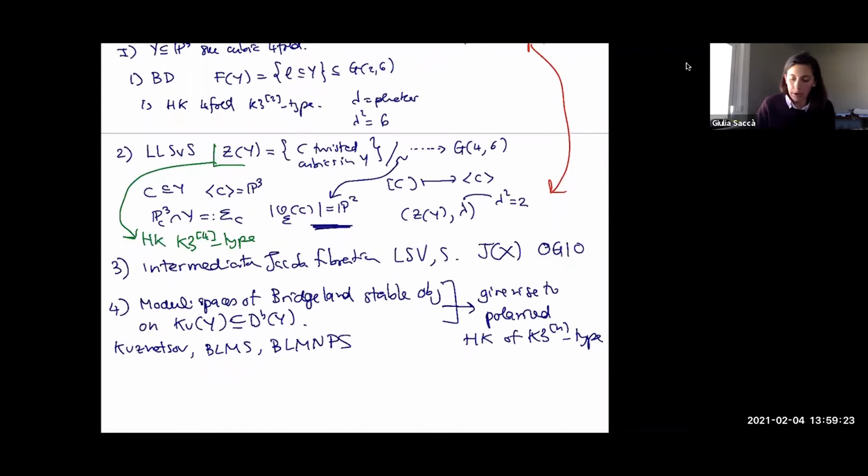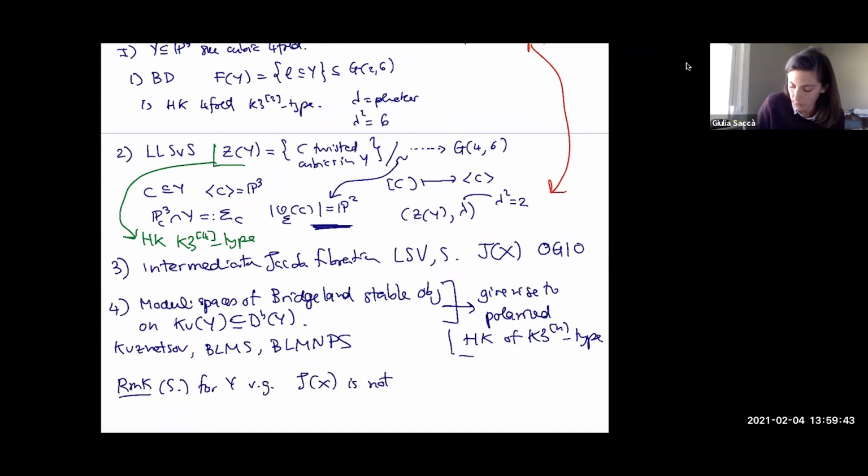There are also some Grady 10 examples you can recover in this way, but I should remark that for Y very general, the intermediate Jacobian fibration is not birational to one of these moduli spaces.